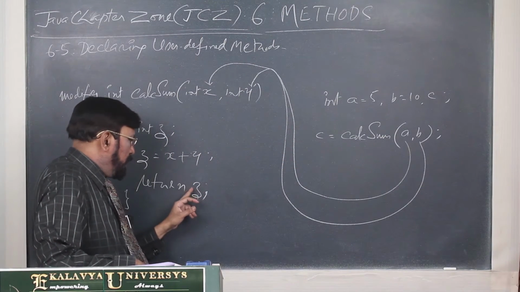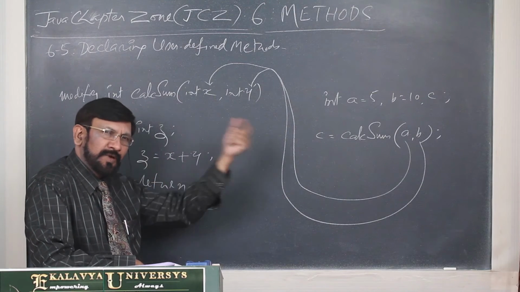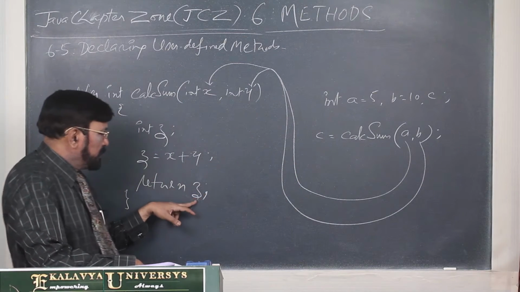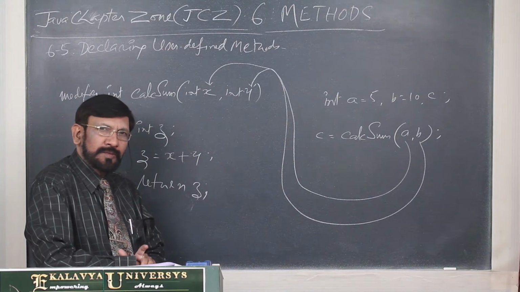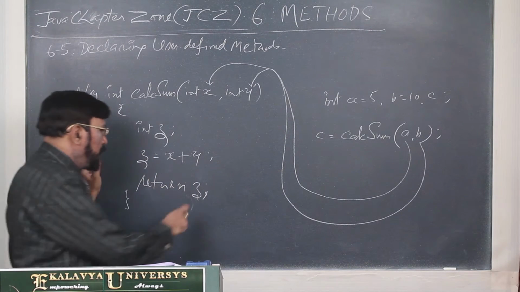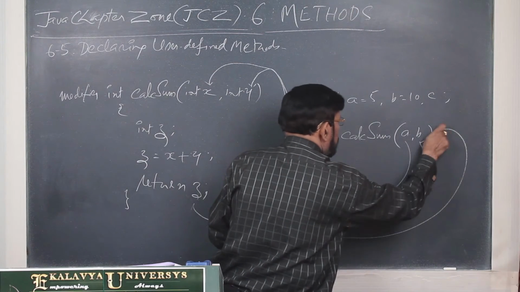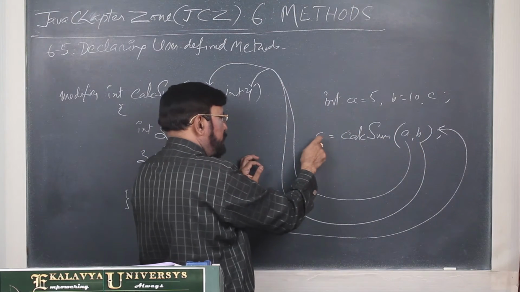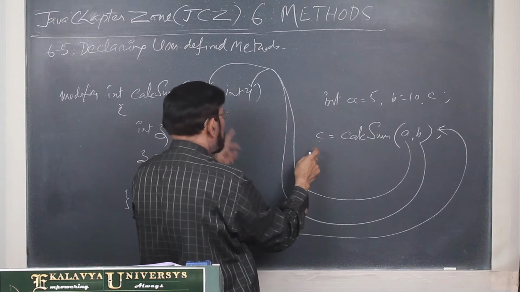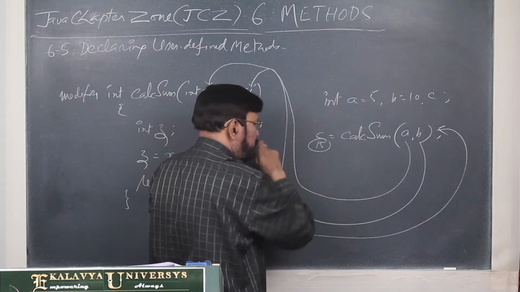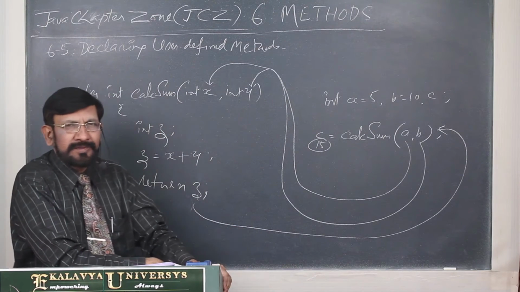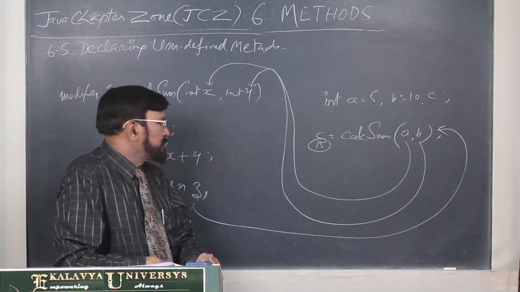First the value is returned, and along with the value the control is also returned. That point you must understand. When this is returned, it receives it, and this value, the value of 5 plus 10, 15, is stored in C. This is the mechanism. In this manner you have to understand that.